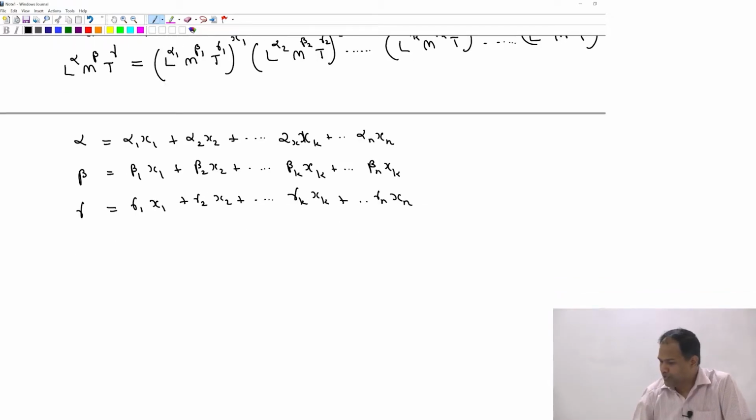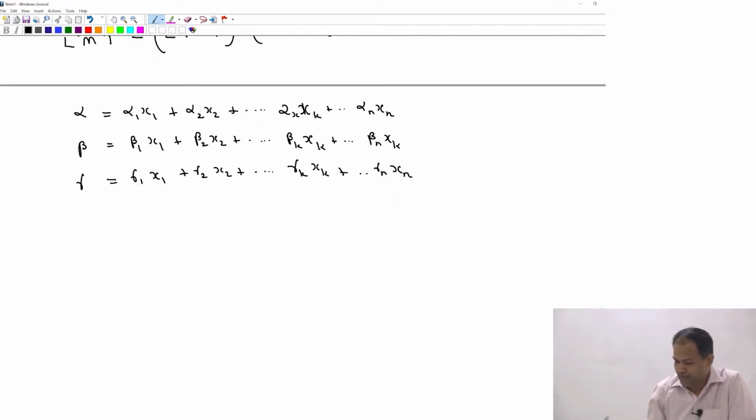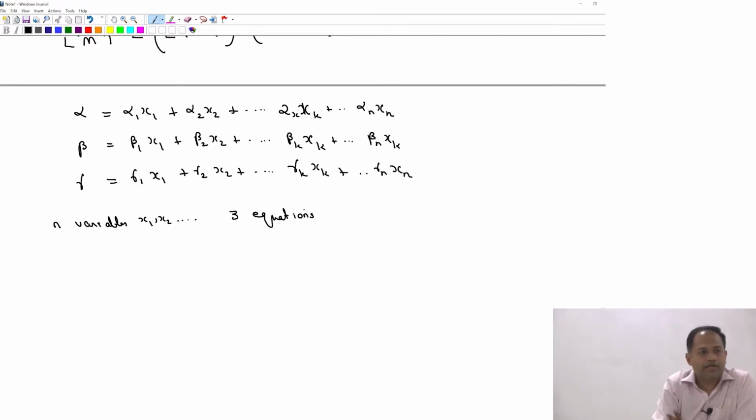So if you look at it, what is this? We have n variables, which are x1, x2 and so on, and we have got three equations. That means I can select n minus 3 variables independently and that will fix the remaining 3 variables.